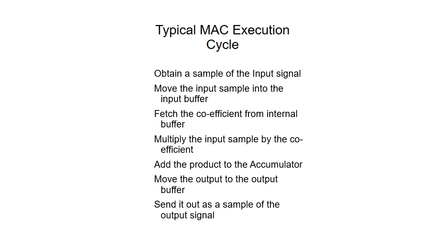Then we multiply the input sample by the coefficients and add the product to the accumulator. This accumulator will move the output to the output buffer. Then, after moving to the output buffer, it is sent out as the sample of the output signals.